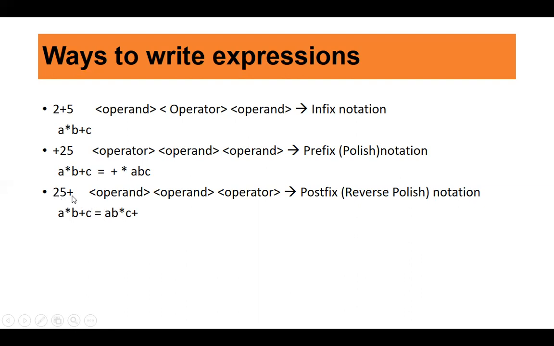In case of infix, the operator is in between two operands. In case of prefix, the operator is followed by operands. In case of postfix, operands are followed by the operator.